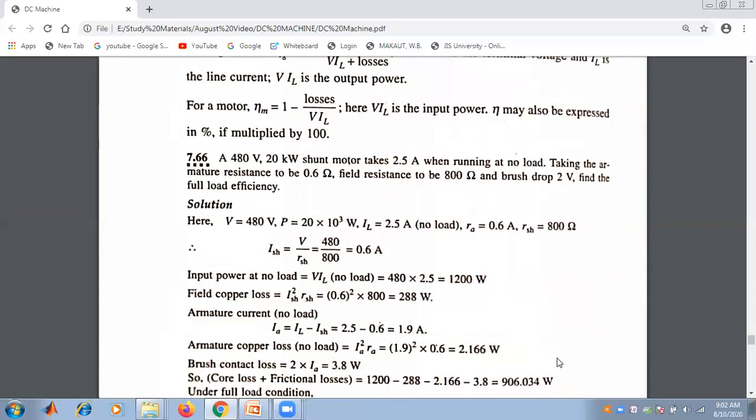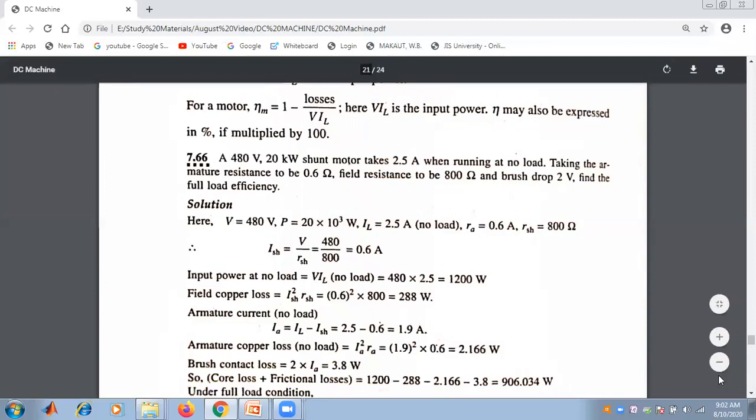So let us take a problem in order to understand the losses and the efficiency in a DC machine. A 480 volt 20 kilowatt shunt motor takes 2.5 ampere while running at no load, taking the armature resistance to be 0.6 ohm, field resistance to be 800 ohm, the brush drop 2 volt, find the full load efficiency.